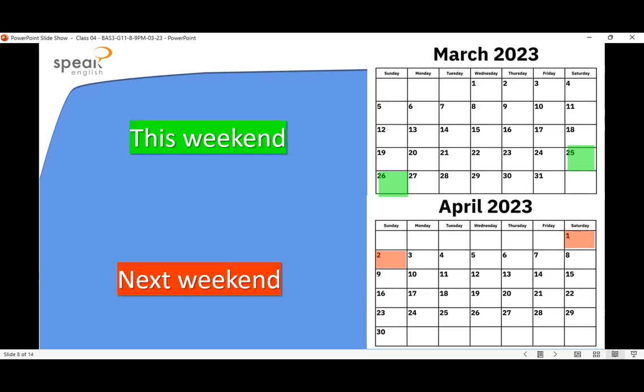Okay, that is this weekend. If I am talking about next weekend, it's the next week. Okay, for example, next weekend is going to be April 1st and Sunday 2nd. Okay, that is going to be the next weekend. So we have this weekend and next weekend.